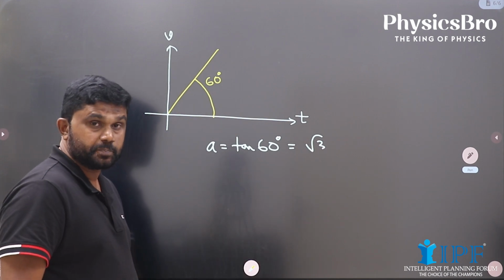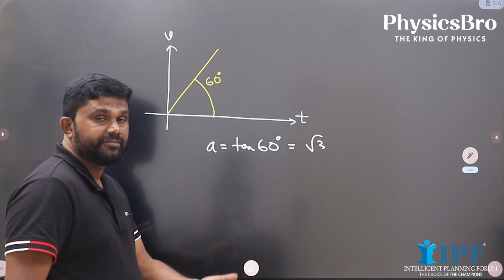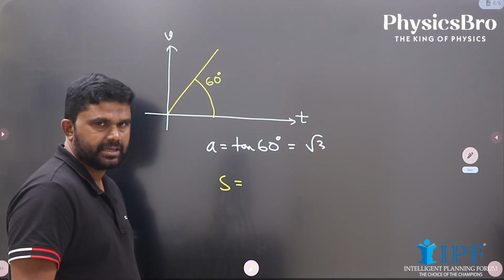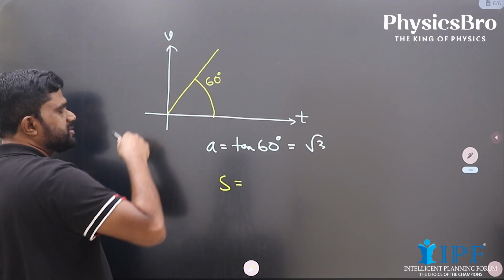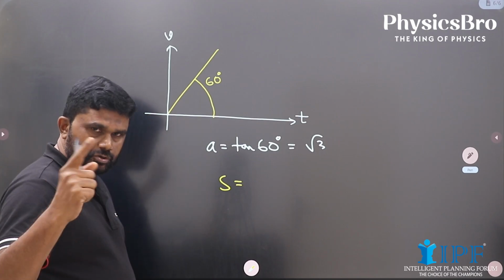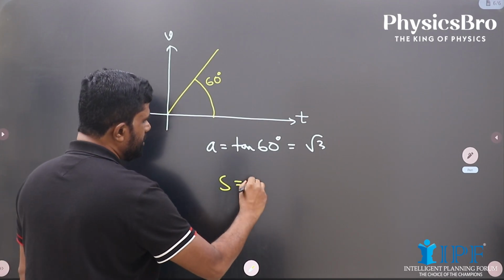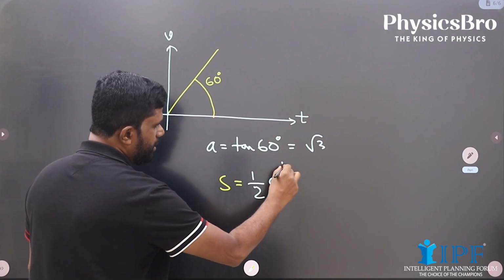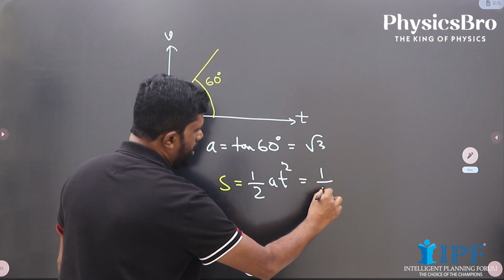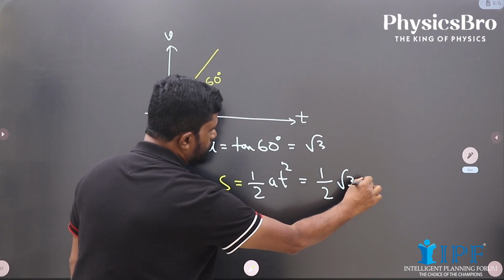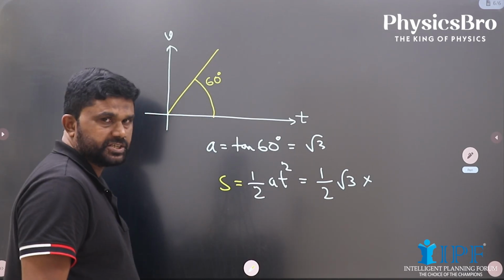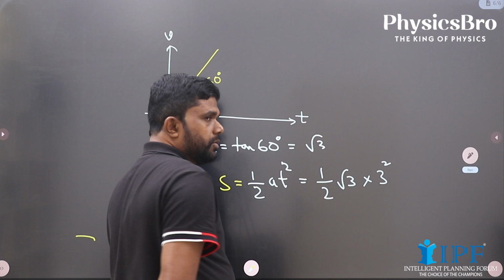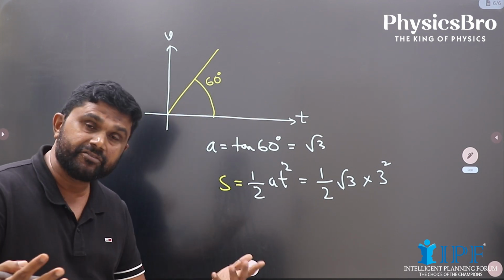What would be the displacement in a given interval of time? You can use S equals ut plus half at square. As the velocity time graph passes through the origin, initial velocity u equals 0, so ut is 0. So it will be half a t square, which is half into root 3 into, suppose you want to find the displacement in 3 seconds, 3 square. Or you can find the displacement in any given interval of time.